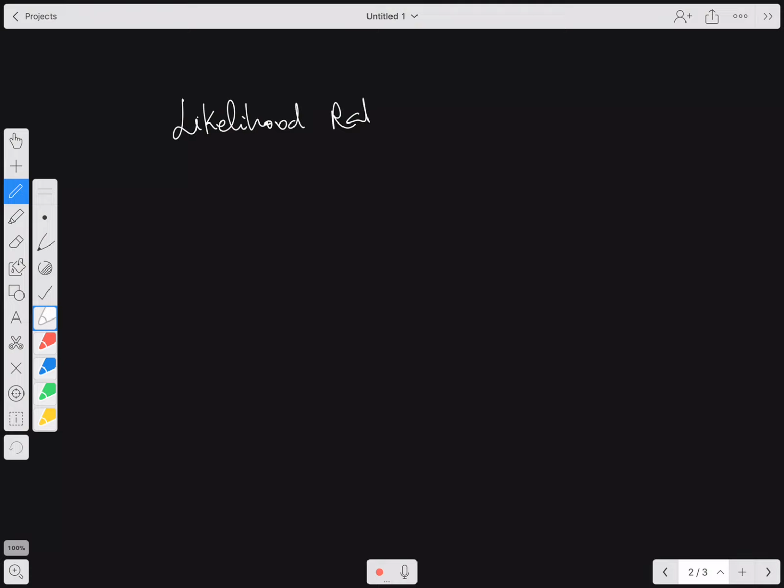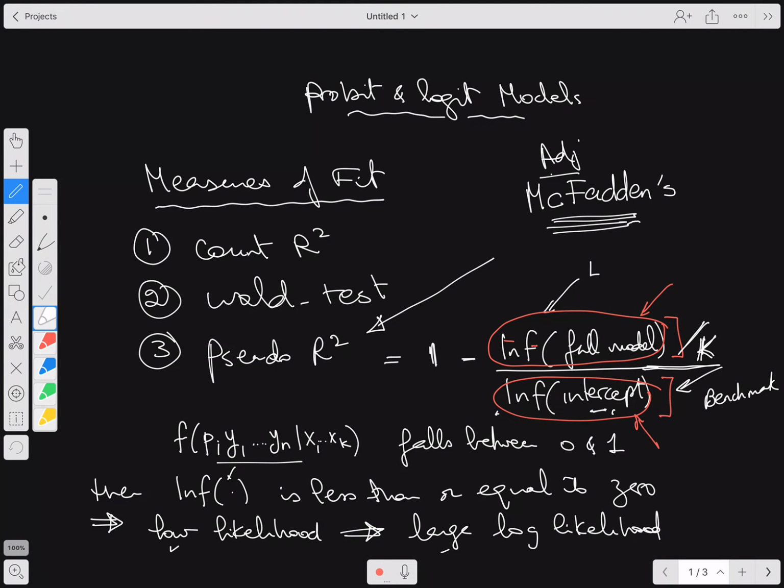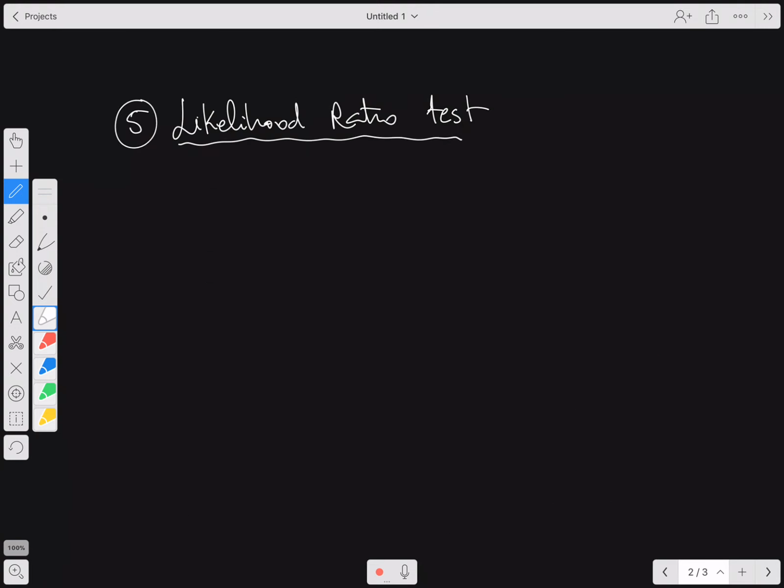So the likelihood ratio test, again, I did write it very fast. This was test number 5. So I have 1 and 2, and we have the pseudo R-square, which is McFadden's, and we have the adjusted. The adjusted is number 4. Okay, so we have the adjusted, and number 5 is the likelihood ratio test.